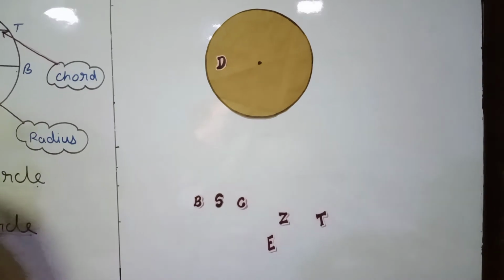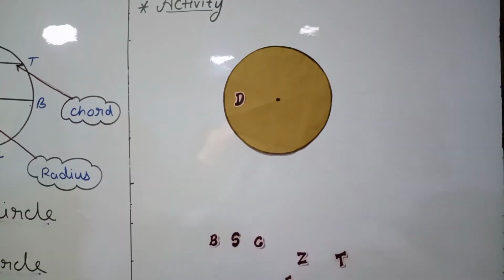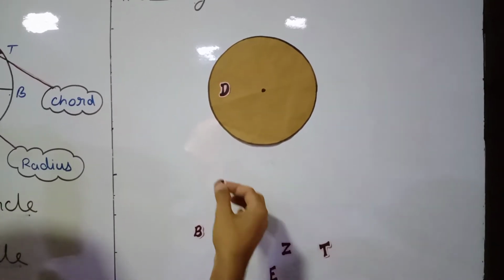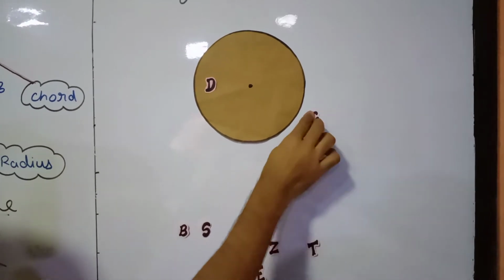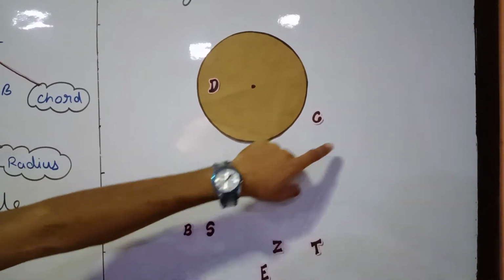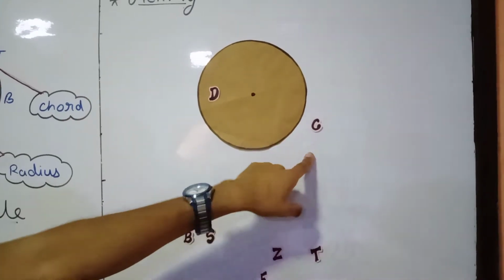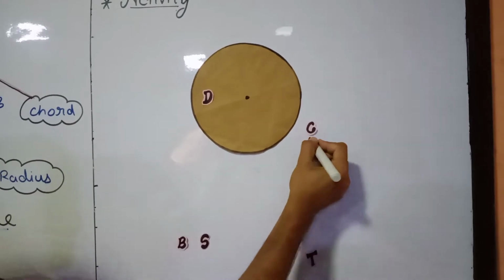Yes, now we can say D is in the interior part of the circle. If we have the point C, we have to put it in the exterior part of the circle, is it okay? Yes, it could be anywhere outside of the circle, so that lies in the exterior part of the circle. It could be any point over here.